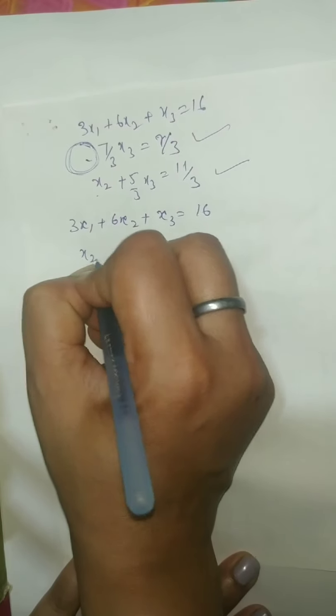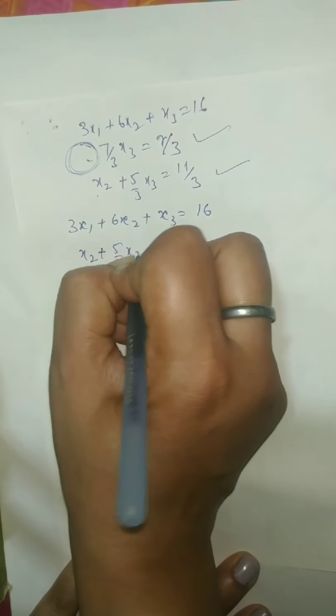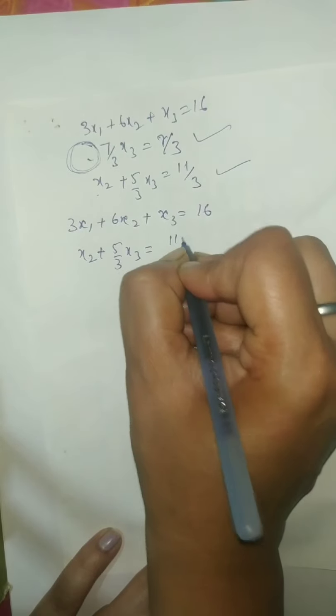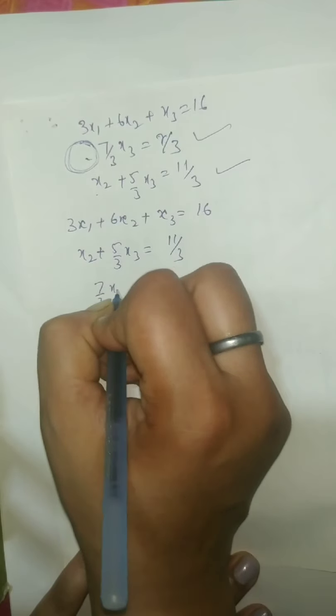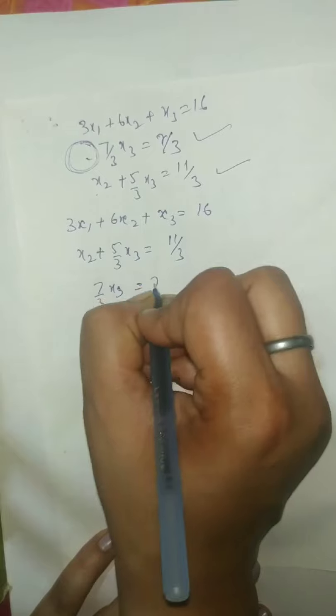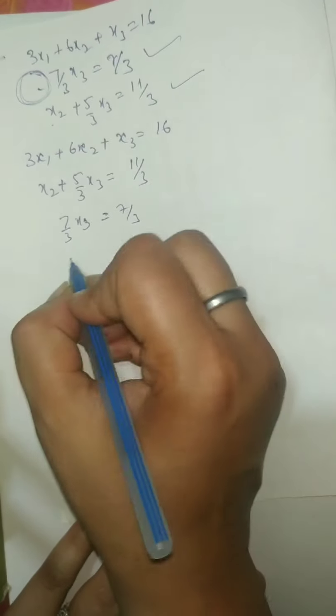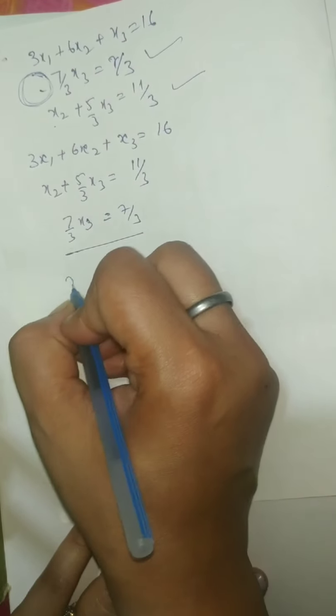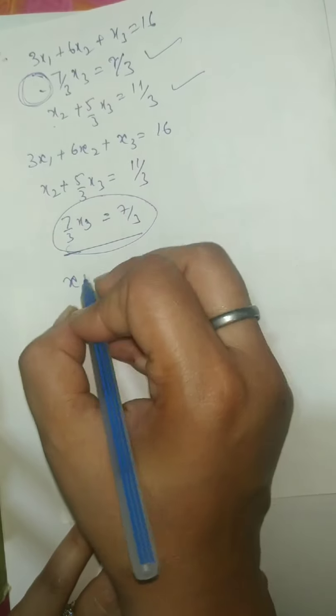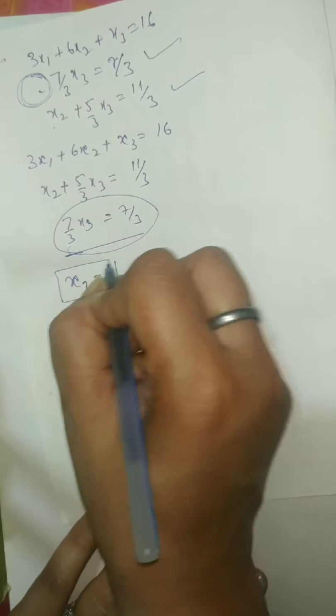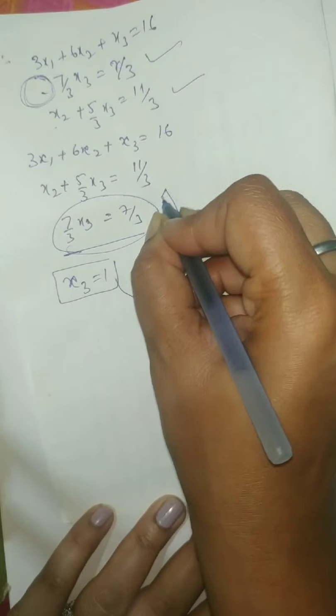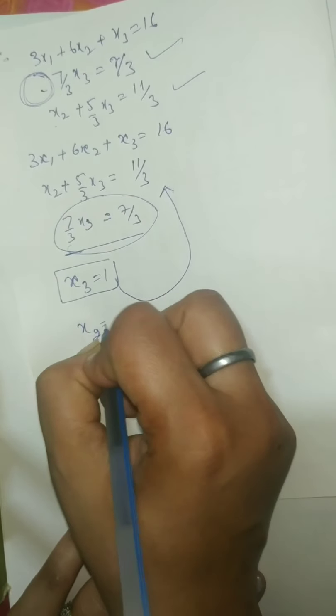So we write it like x2 plus 5 by 3 x3 is equals to 11 by 3 and 7 by 3 x3 is equals to 7 by 3. Now by using the back substitution method you can easily find the solution. From here x3 comes directly, which is equal to 1. Substituting the value of x3 in this equation, we get x2 is equals to 2.